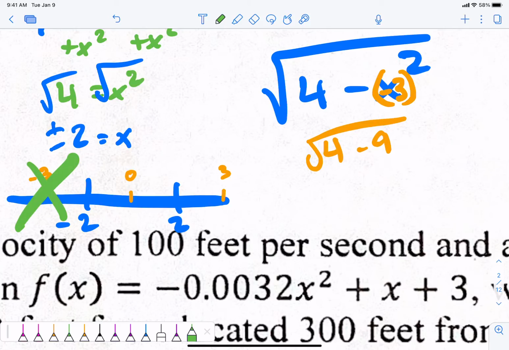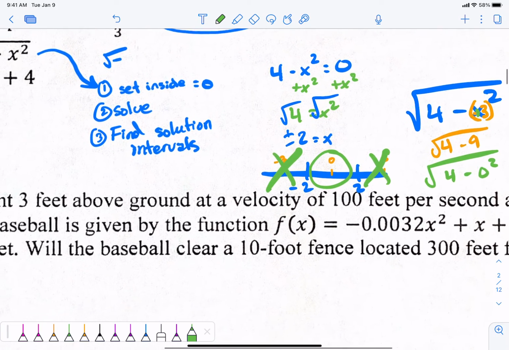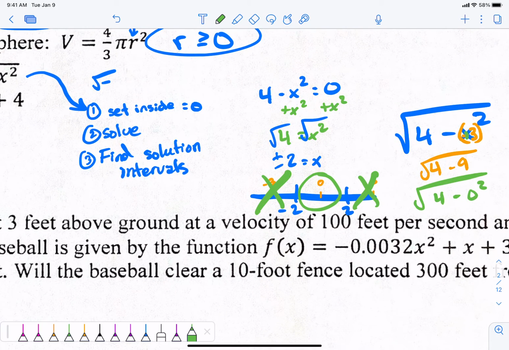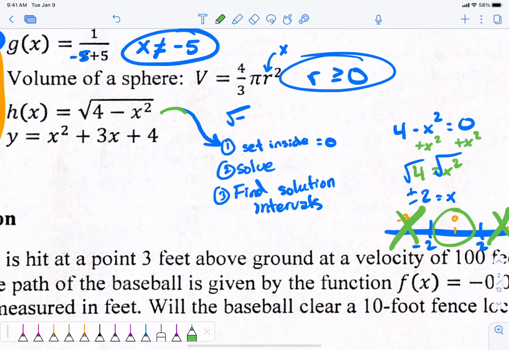What about a positive 3? Same thing. Bad. If I plug in 0, 4 minus 0 squared, I can still do that, right? So our domain is that I am only allowed to plug numbers in between negative 2 and positive 2. So the domain of this, negative 2, x is less than or equal, or is it equal to? Can we be equal to 2 and negative 2?